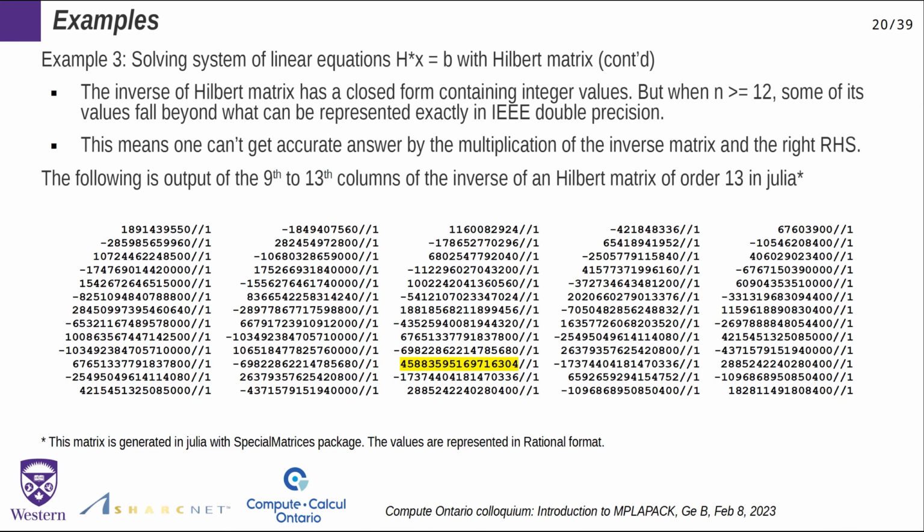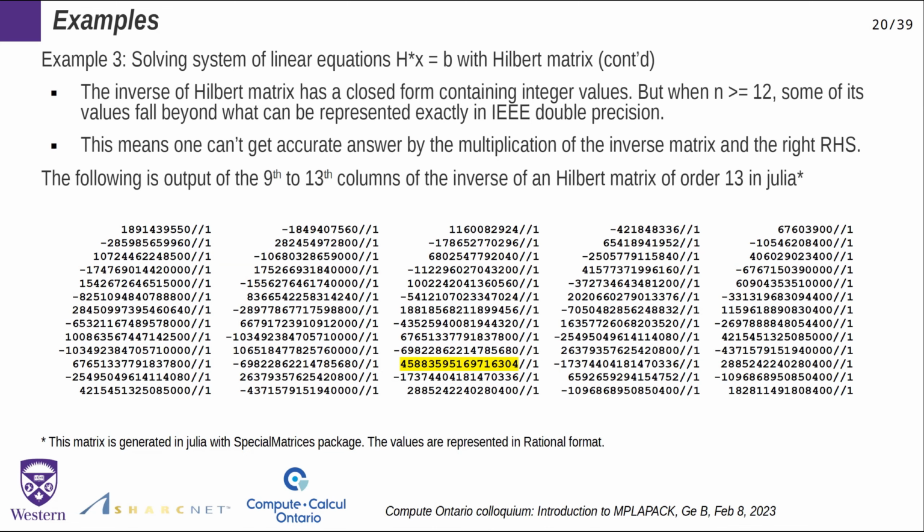And what you see here is the display of columns 9 to 13 of the inverse of the matrix of order 13 in Julia. And by the way, in this particular case, we used a special package called SpecialMatrices in Julia, and the values here are represented in rational format.